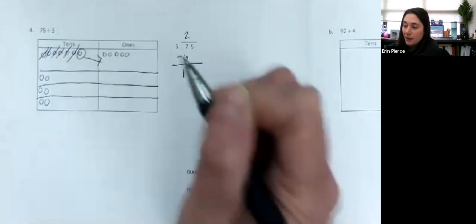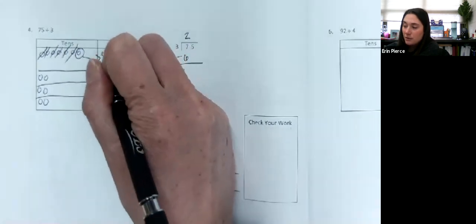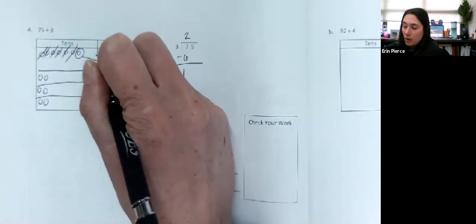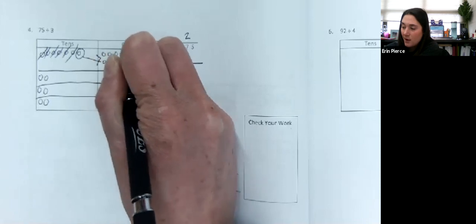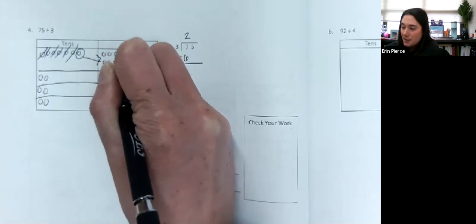That 1 ten goes over here. I draw 10 more ones. 1, 2, 3, 4, 5, 6, 7, 8, 9, 10.